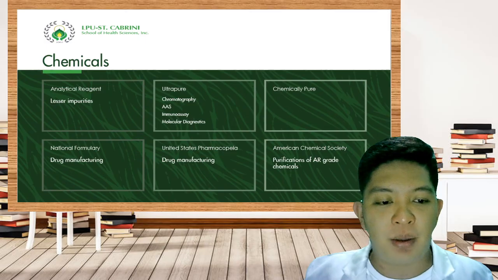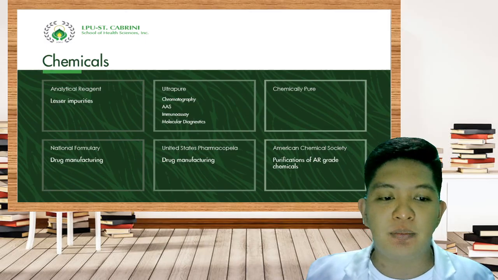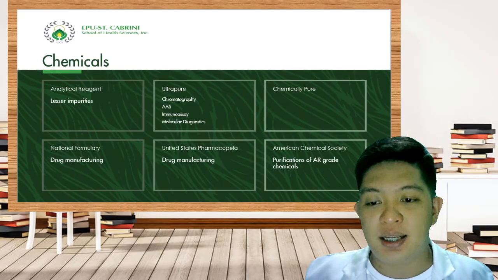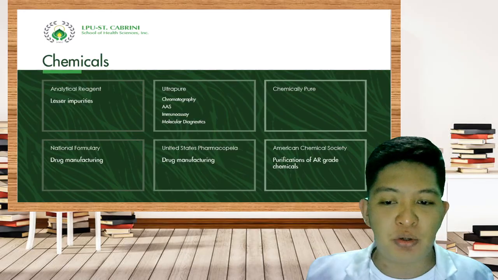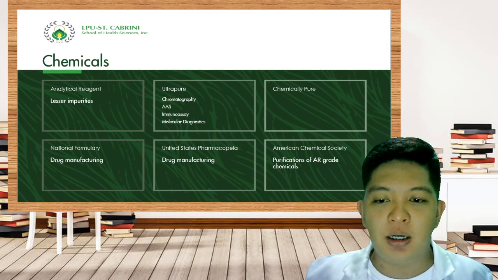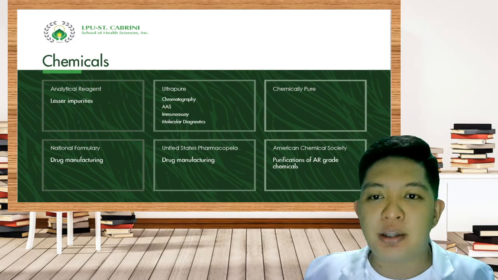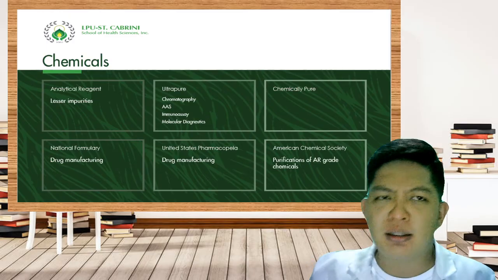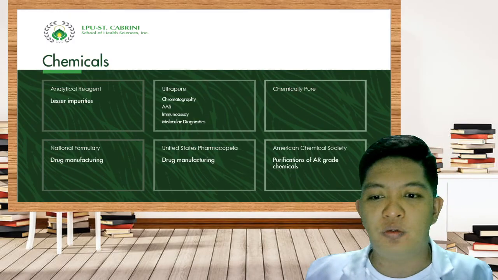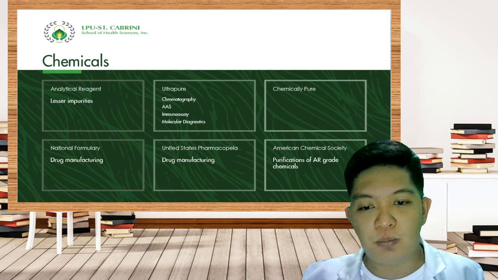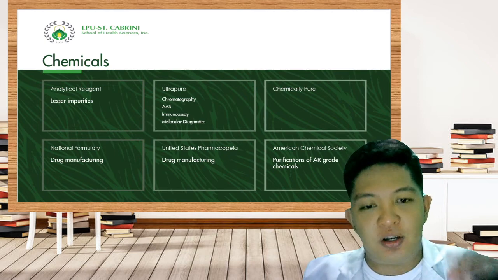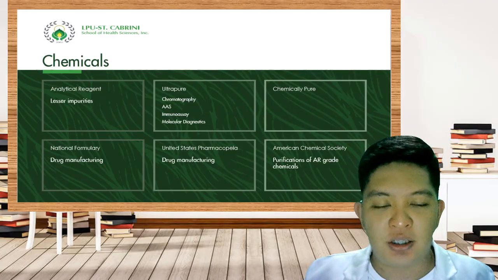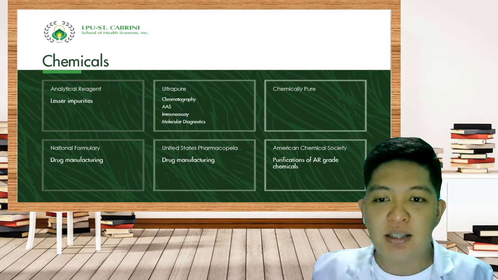We also have American Chemical Society, the purification of analytical reagent and chemicals. Again, when we say ultra pure, they underwent additional processing that makes them suitable for special procedures. Now, I want to give a definition about analytical reagent aside from it containing lesser impurities.